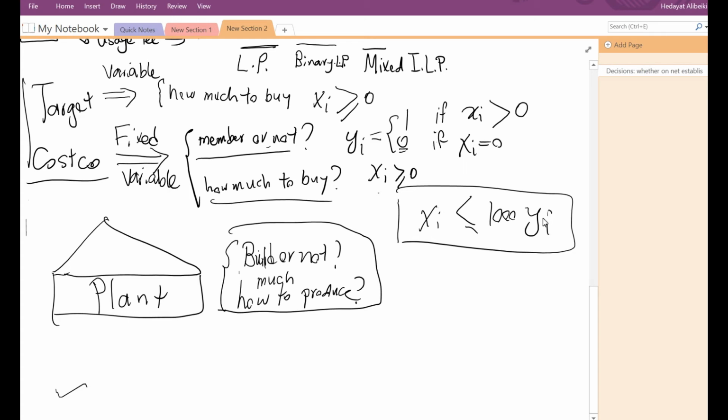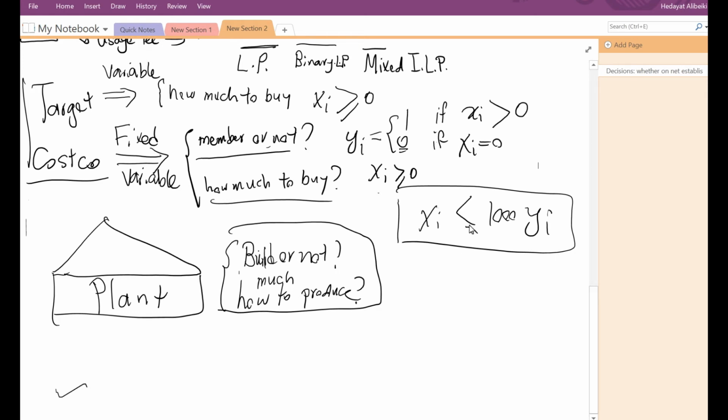So if we just add yi here, if yi is equal to 0, assuming xi is a non-negative number, xi is less than or equal to 0, so xi can be only 0. And if yi is 1, xi can take any number from 0 to 1,000.